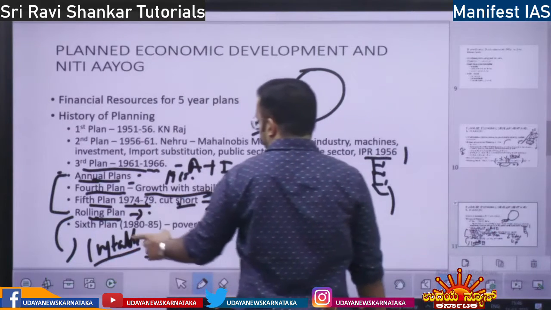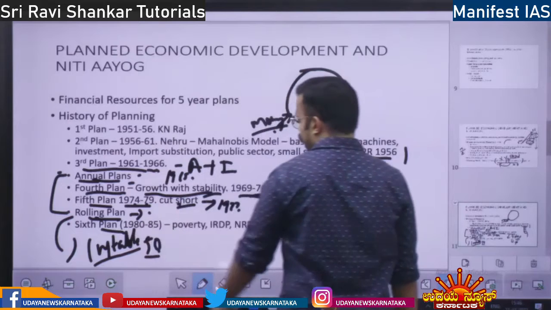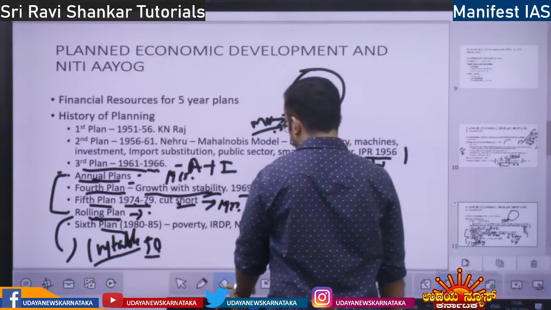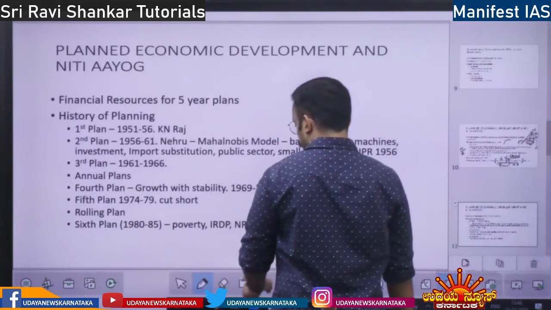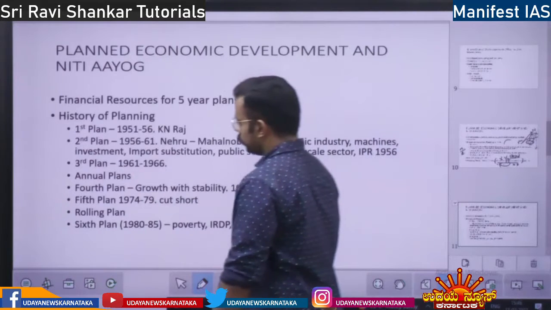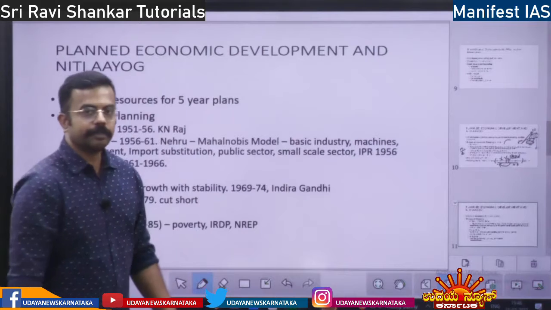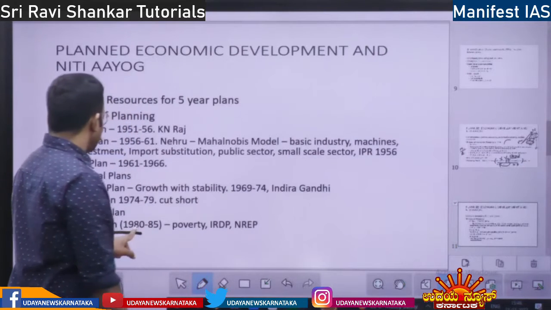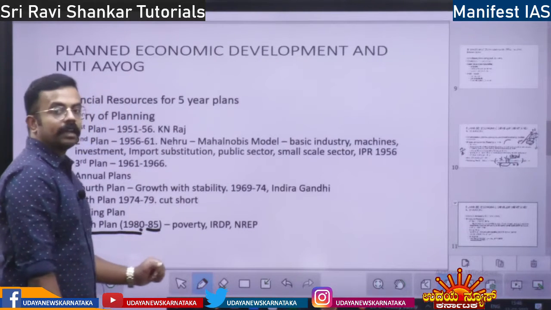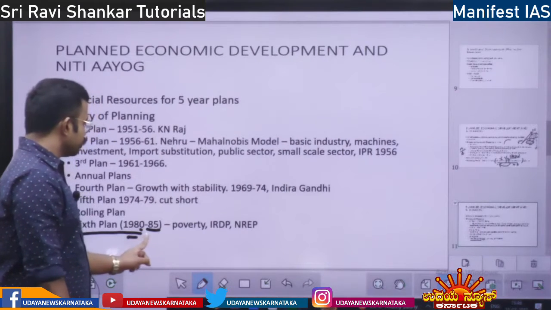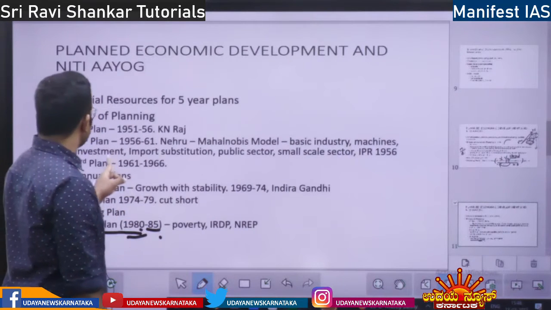Next comes the sixth plan. Here Indira Gandhi gets elected again. Which constituency? Chikmagalur constituency. She gets elected from Chikmagalur, 1980-85.